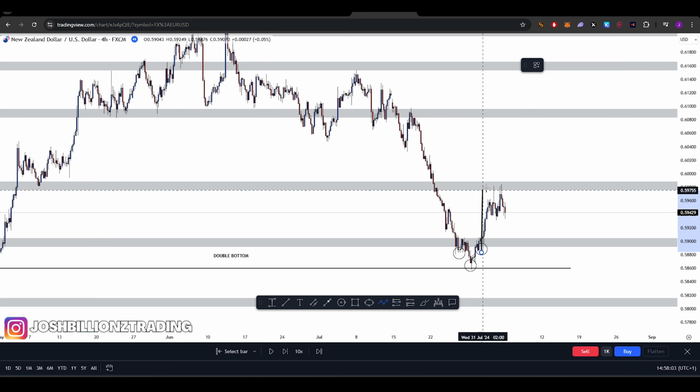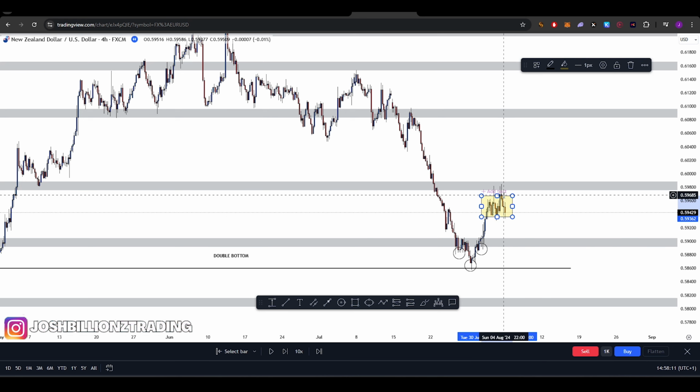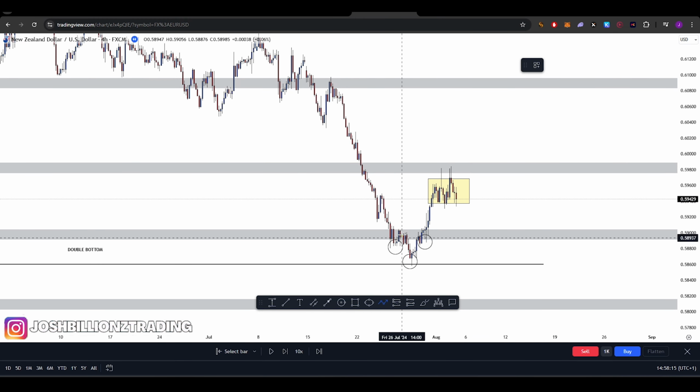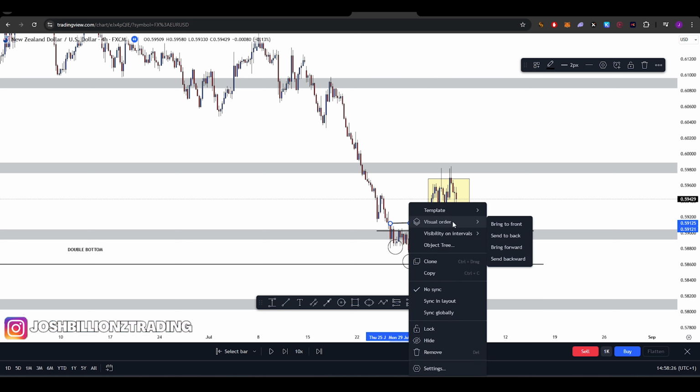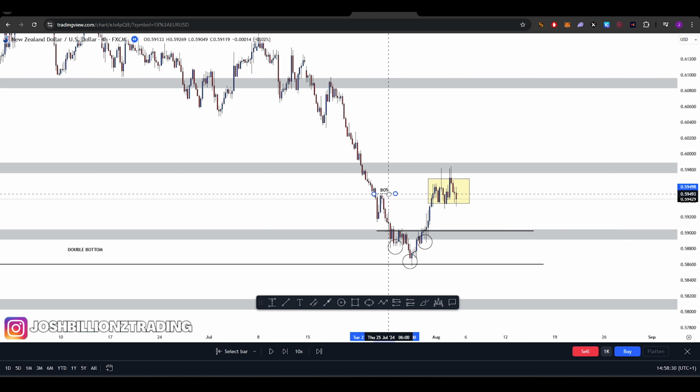And then price came up to this level of resistance here. And there we had some consolidation. So once price is consolidating there, I was like, cool. Price has broken out of this level of resistance, broken structure here, broken structure here and here.